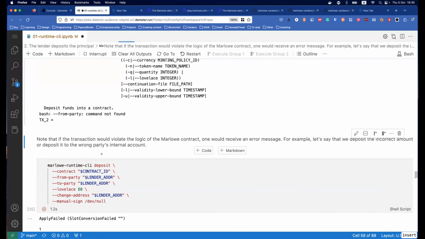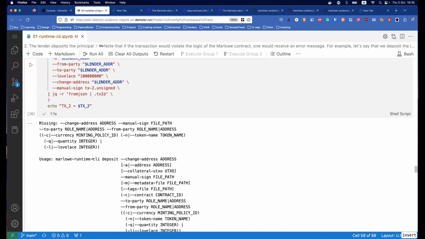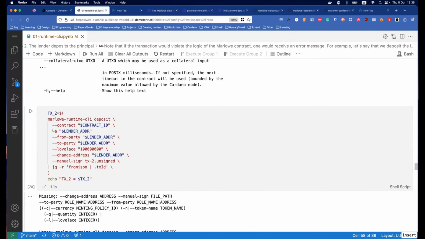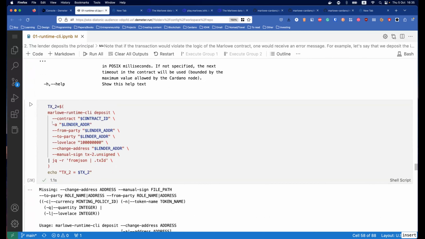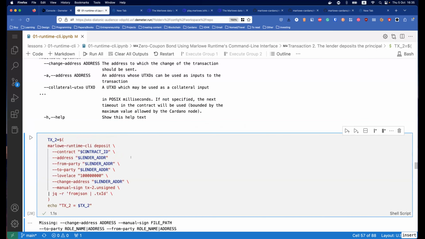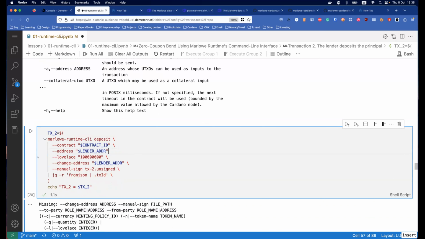Don't think so, but if you remove the from party and to party, then it will complain, of course, but let's see whether you get the same error.